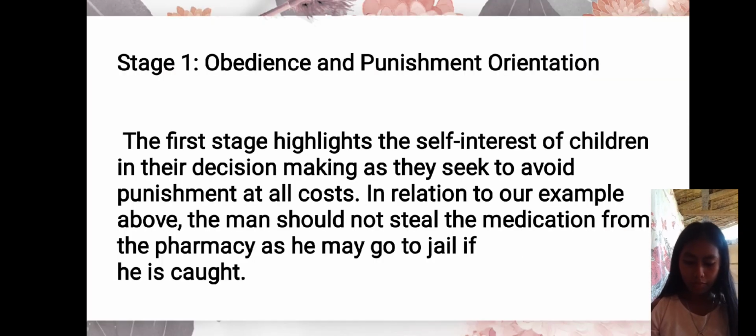In Stage 1, the first stage highlights the self-interest of children in their decision-making as they seek to avoid punishment at all costs. In relation to our example above, the man should not steal the medication from the pharmacy as he may go to jail if he is caught.